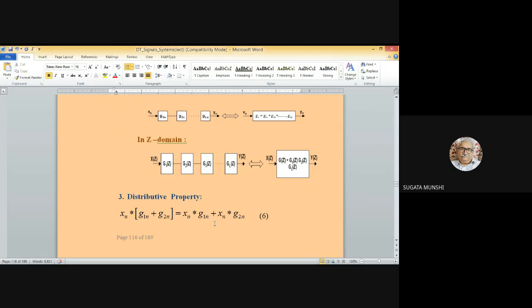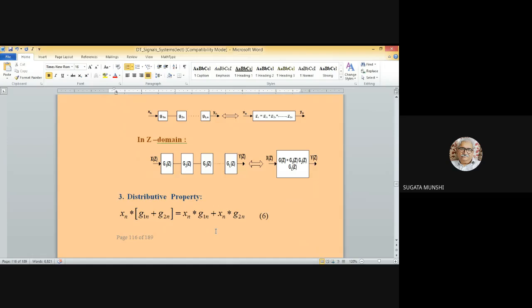If you have a look at the right hand side of equation 6, you will find that the first term on the right hand side, if I represent it by y1n, then what is y1n? As if you have a DT-LTI system with impulse response G1n, you are exciting it by xn, and the output is y1n. The first term on the right hand side.